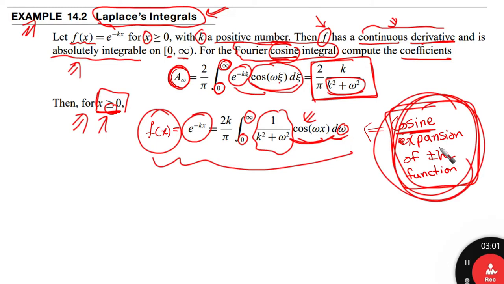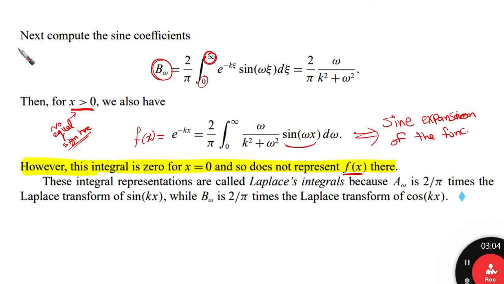Let's go to the next step, which is computing the sine coefficients. The sine coefficient is related to B of omega. It equals 2 over pi, the integration from 0 to infinity, of the function itself, e raised to the power minus kz, times sine omega z, dz.